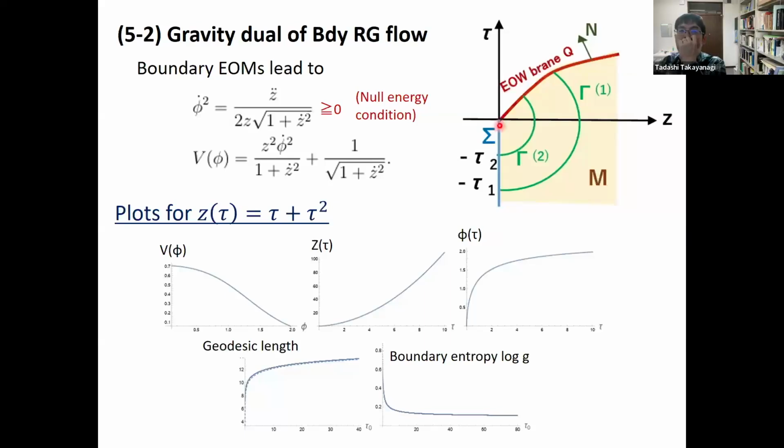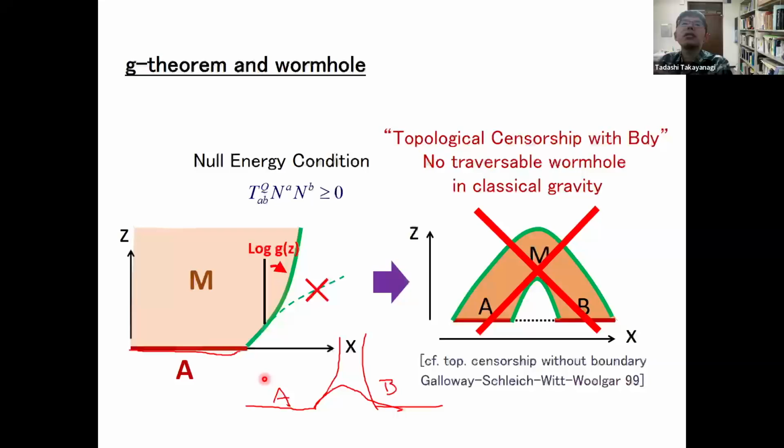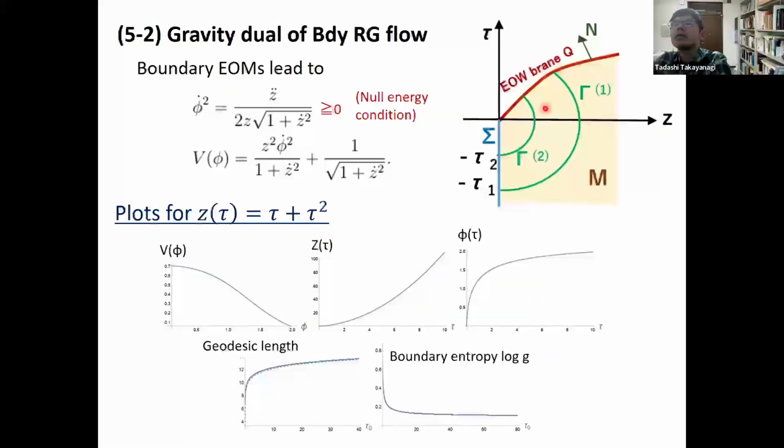So a CFT lives here, and this is the end-of-the-world brane. As I mentioned, the end-of-the-world brane bends towards the interior, right? It does not go outside. In this case it should be true because g'' is positive. Sorry, now we change the coordinates. Now g'' is positive, so it bends this way, a concave function.